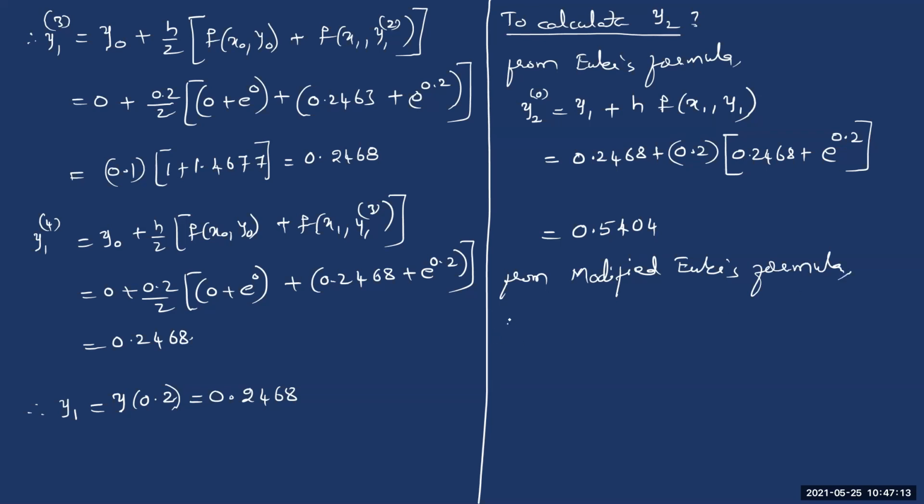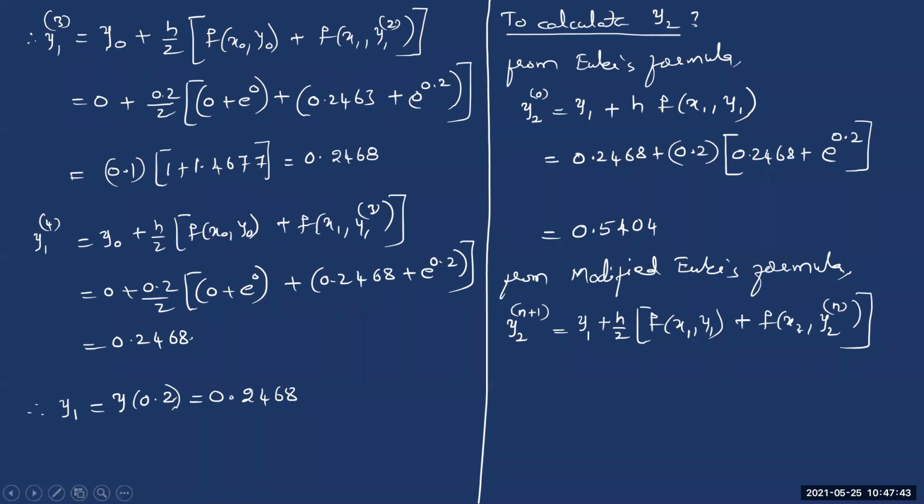The formula says y2 (n+1)th approximation equals y1 plus h by 2 times the average slope, which we take as f at x1, y1 and then f at x2 comma y2 nth approximation, right?